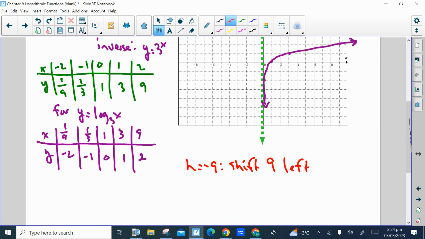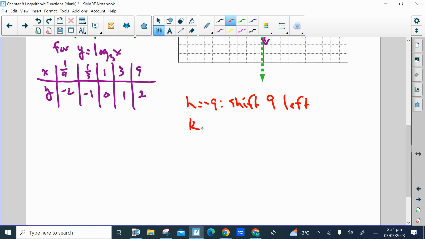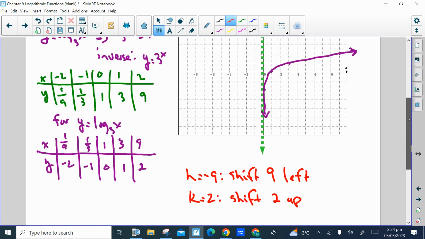And then you've also got a k value of positive 2, which means the graph will shift 2 up. So everything is going to go 9 to the left and 2 up.